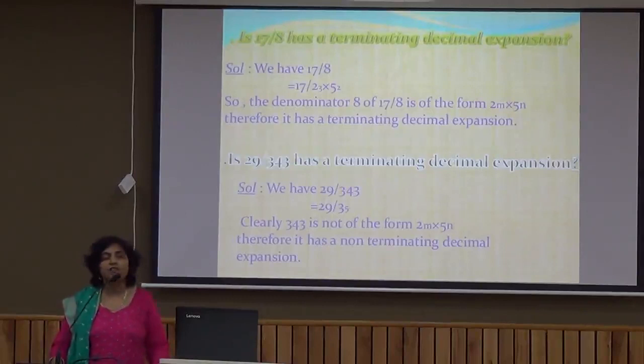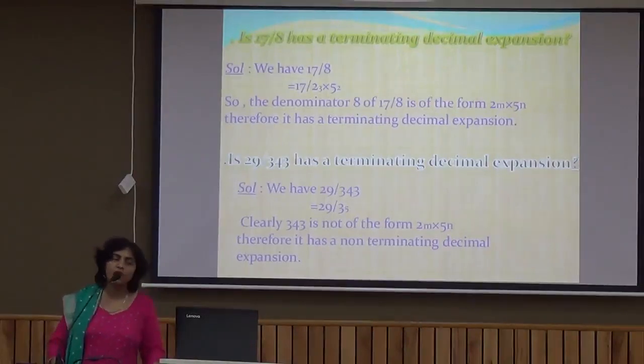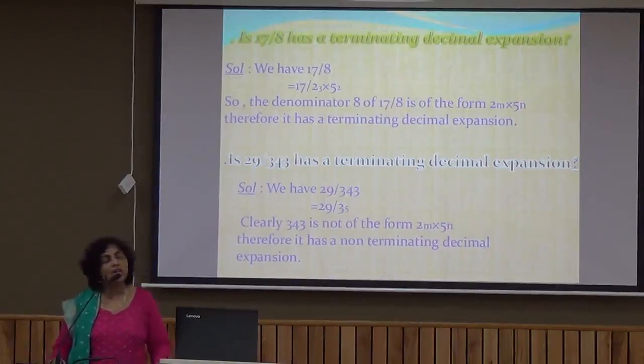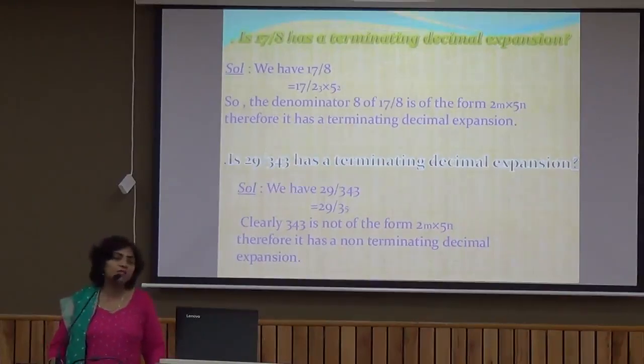So let's see, we have got 17 upon 8. So 17 upon 8 is 2 raised to power 3 into 5 raised to power 0. So it has only 2 as a factor, and it can be represented in the form 2 raised to power m into 5 raised to power n, where m is 3 and n is 0.